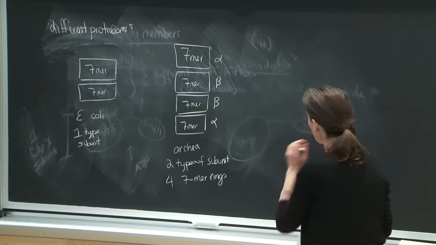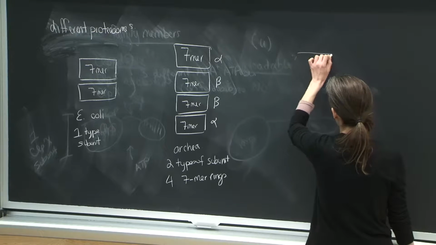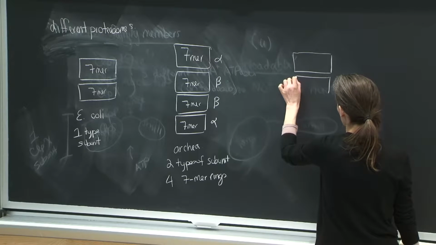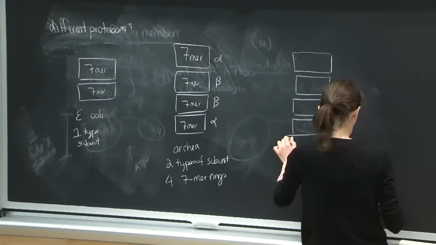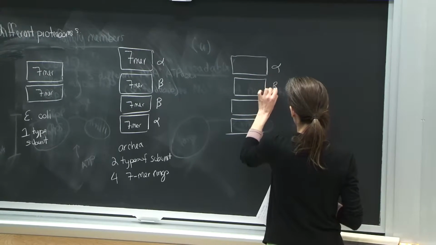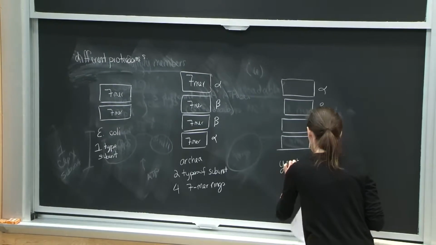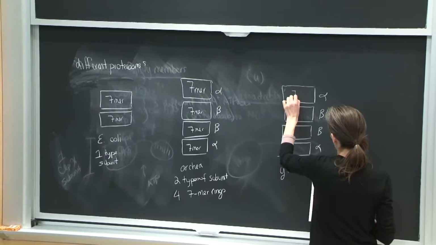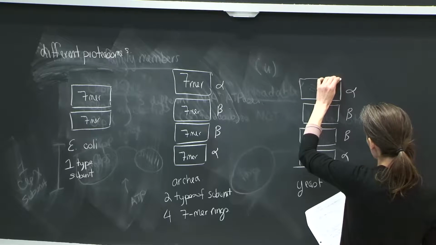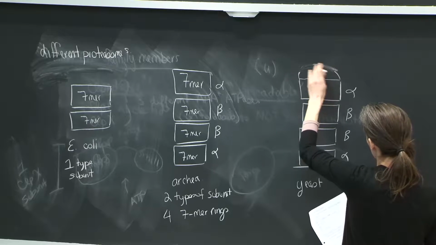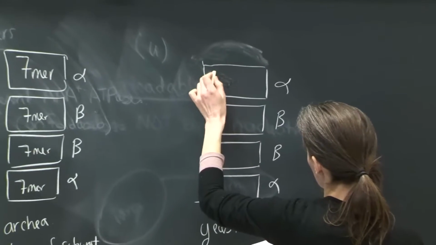So then what about yeast? Tremendously complex. We have this architecture, again, of 4 rings, organized alpha, beta, beta, alpha. But what we find in this case is that each of these rings has 7 different subunits.